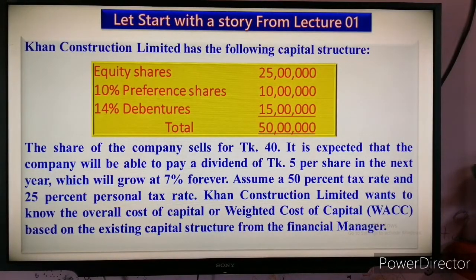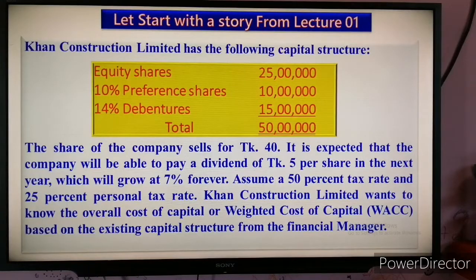P0. It is expected that the company will be able to pay a dividend of taka 5 per share in the next year, D1, which will grow at 7%, g. So you can find KE. Assume a 50% tax rate and 25% personal tax rate.